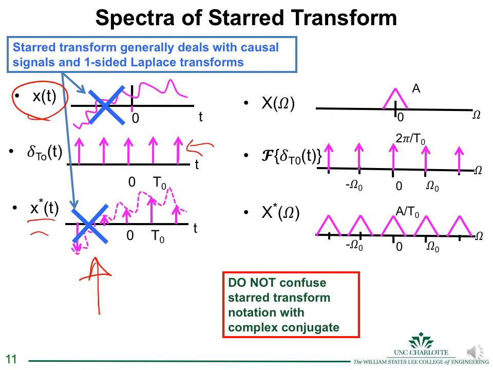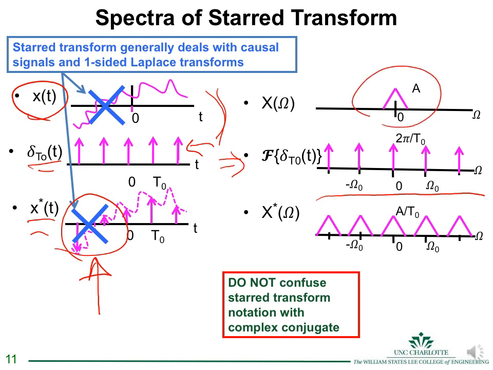And so we can see that our star transform output has the same form as what we considered with the two-sided inputs, but now we've just restricted x of t to be causal, and so we lose the left side of the picture. Everything starts at zero, and everything looks much the same in terms of the Fourier transforms. Again, do not confuse the star transform with a complex conjugate. This is the star transform that we're denoting here in both locations.